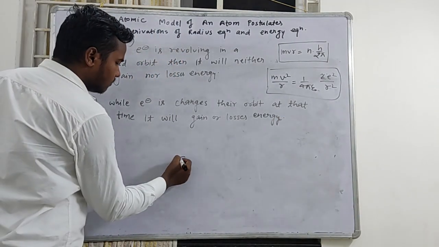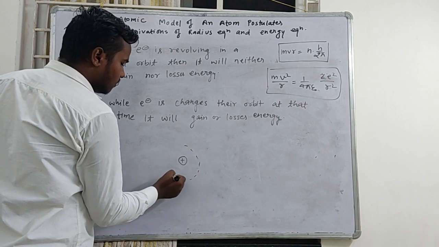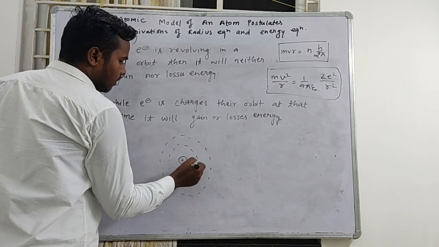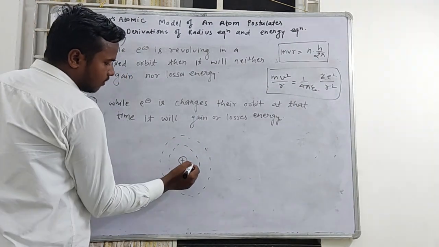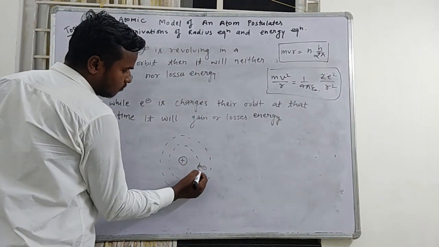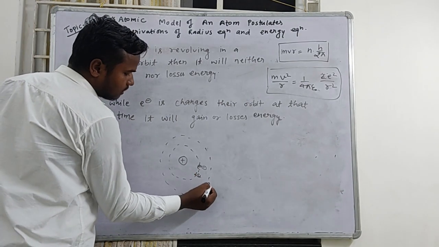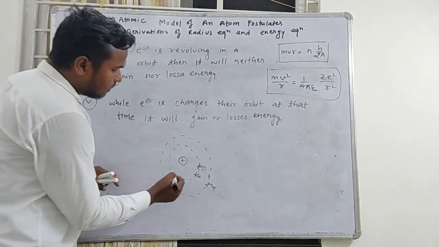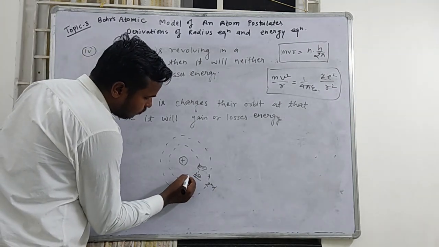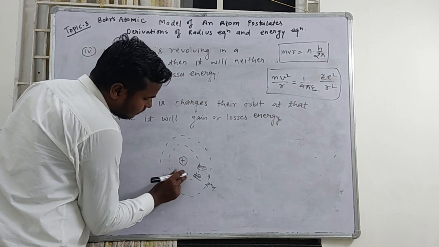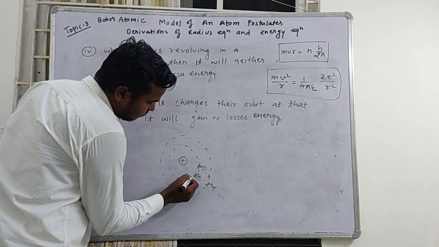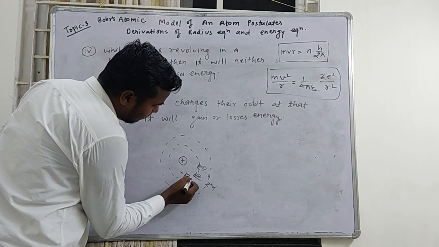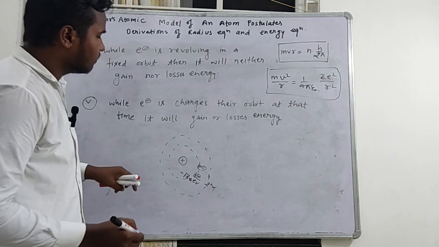Means if this is the nucleus and this is the first orbit, this is the second orbit, and an electron is moving from the first orbit to the second orbit, then the first orbit has minus 13.6 electron volt energy.